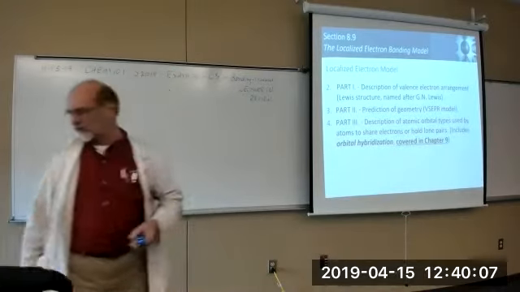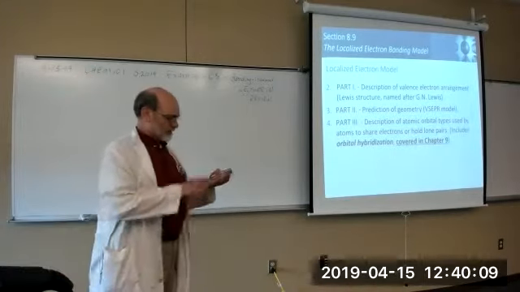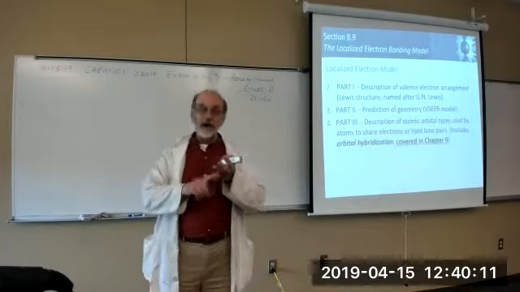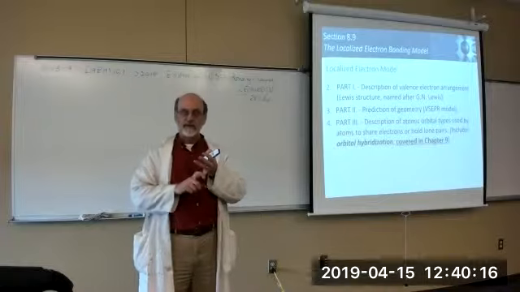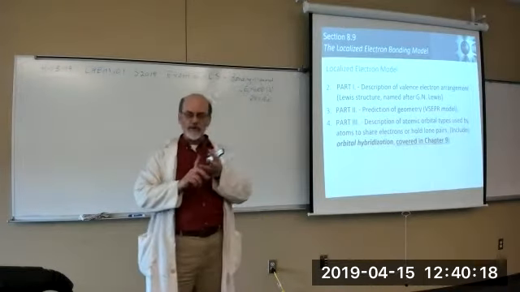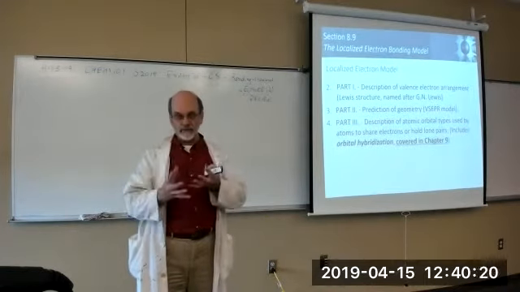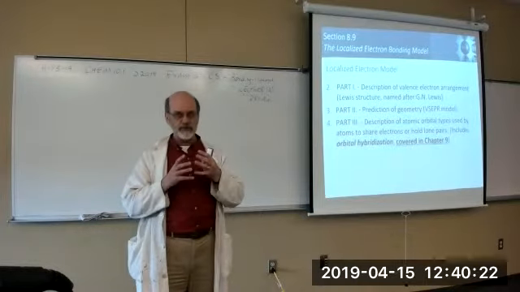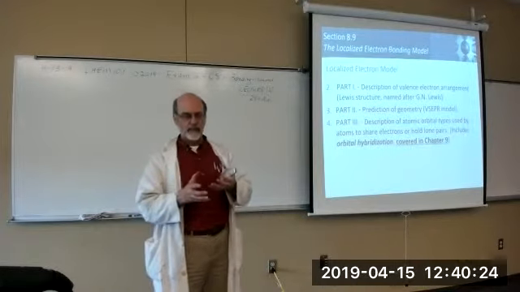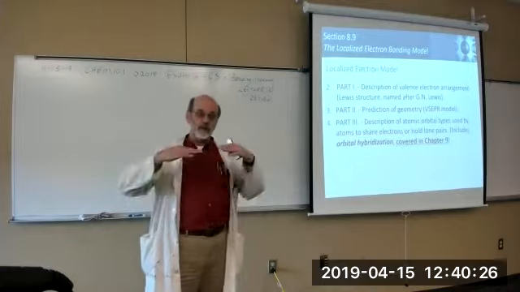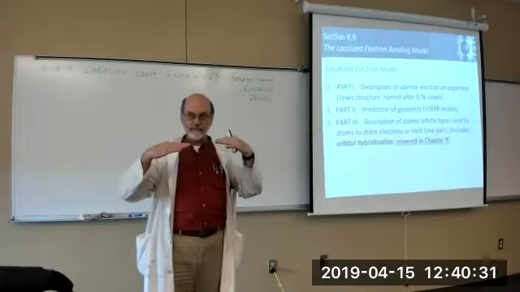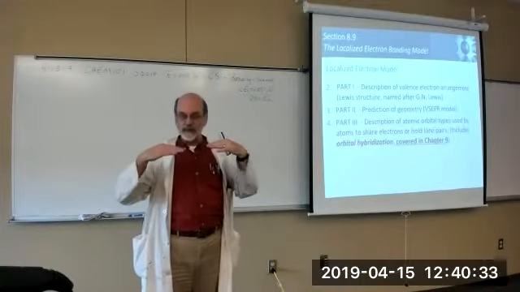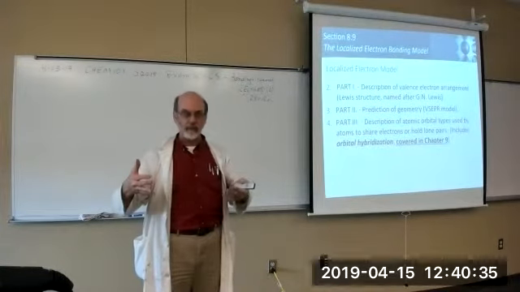Now, why is that geometry important? Remember, individual bonds can have polarity, right? But you can also assign polarity to the whole molecule. And in order to do that, you have to know the geometry of the molecule. Because, for instance, if you have a linear molecule and you have equal polarity on either side of the central atom, then they're going to cancel themselves out. And the whole molecule then becomes nonpolar.